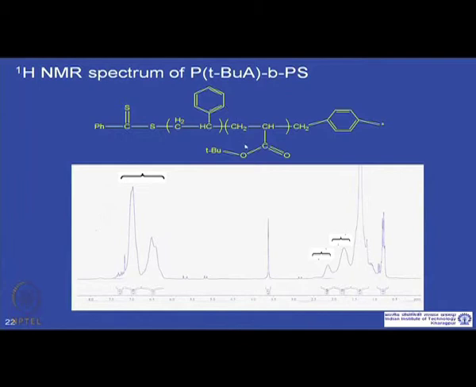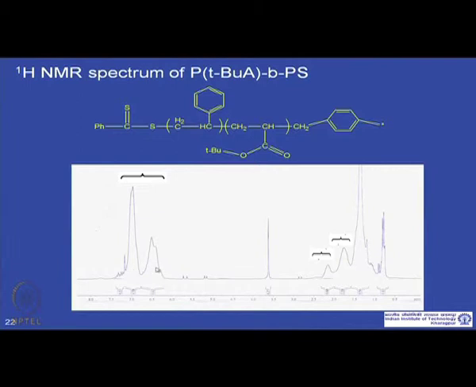Now once you isolate the pure first block and then react it with the styrene molecule, you get this block copolymer. Obviously, from this ratio, now this is a longer chain, so you can ignore these 4 aromatic protons compared to the number of aromatic protons present in the styrene.